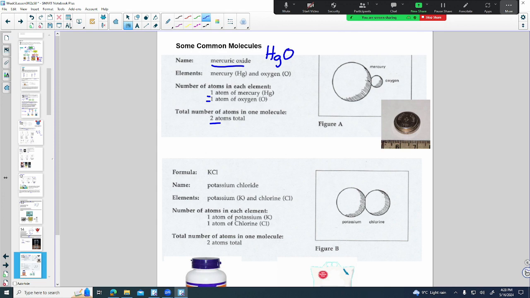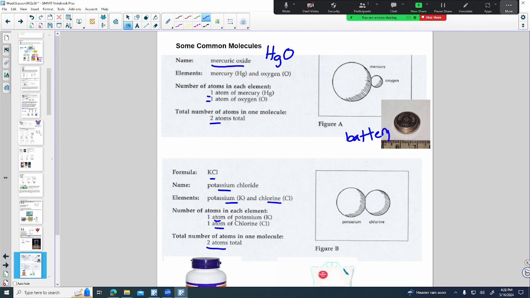Okay, KCl is potassium chloride. Elements are potassium and chlorine, which gives us one atom of potassium, one atom of chlorine, so 2 atoms total. So you can see for mercuric oxide, you might see it as a battery, like a watch battery.